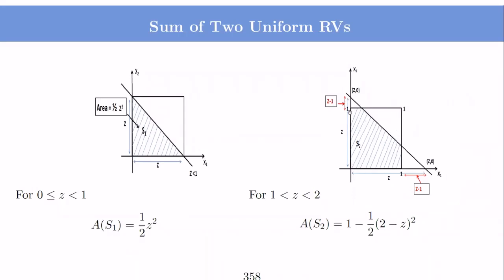If I remove this area, which is half of (2 minus z) squared, from 1, I'll get the area of this region. And when z is more than 2, this line will pass above the rectangle and the whole rectangle will be inside it. In that case, the area would be just 1. And of course, when z is less than 0, there will be no intersection with this rectangle, so the area would be 0.